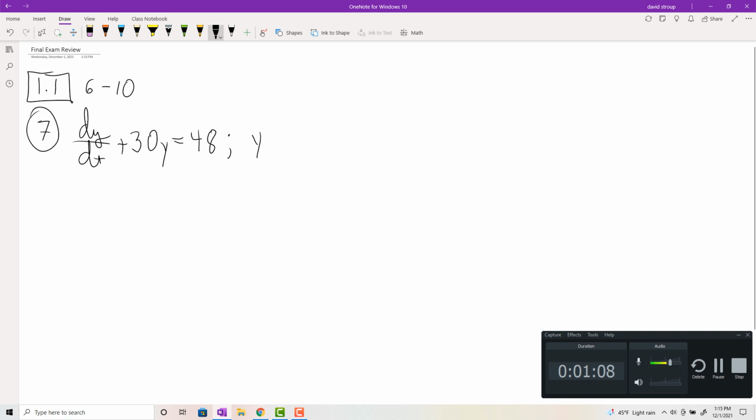So here we have a differential equation and a potential solution. This is back before we knew how to find something like this. What I want to do is basically show that the solution satisfies this differential equation on some interval. And if you remember, there was this whole thing on intervals of definition.